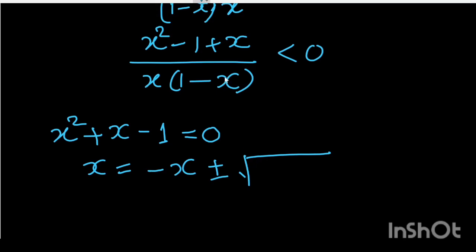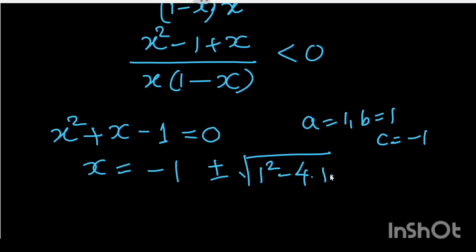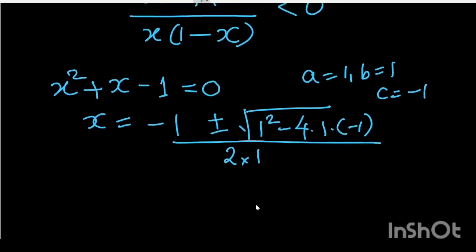So we will use the quadratic formula, which is minus b plus minus root of b square minus 4ac upon 2a, where a is 1, b is 1, c is minus 1. So minus 1, plus minus root of 1 square minus 4 into 1 into minus 1, upon 2 into 1.